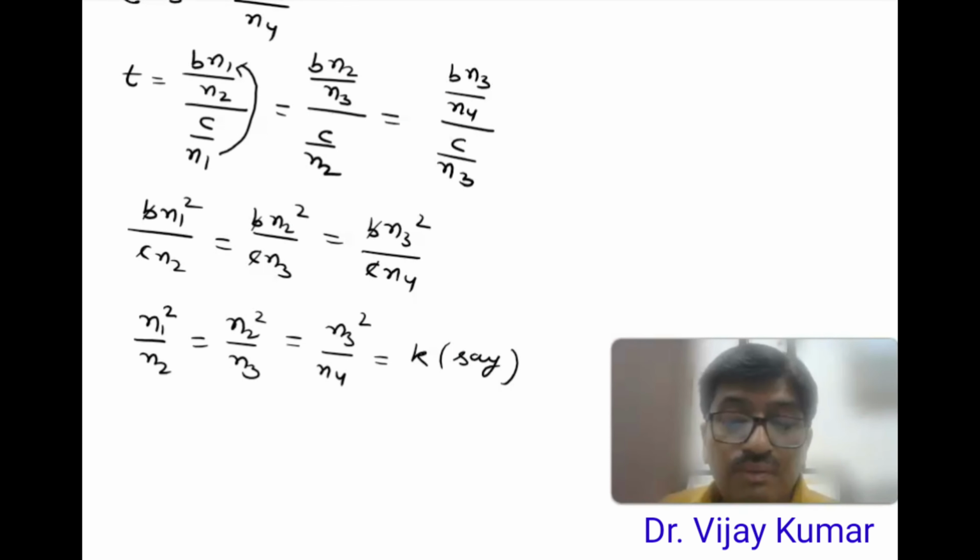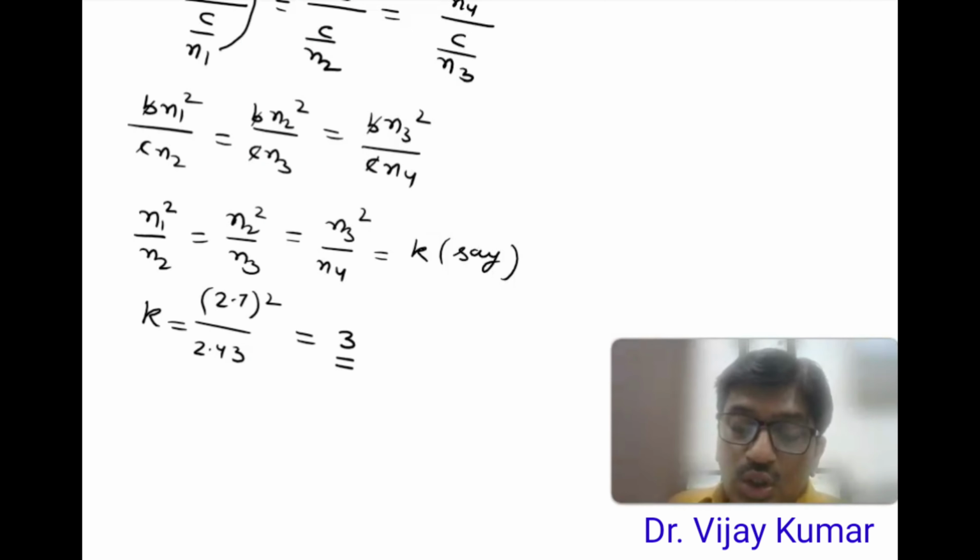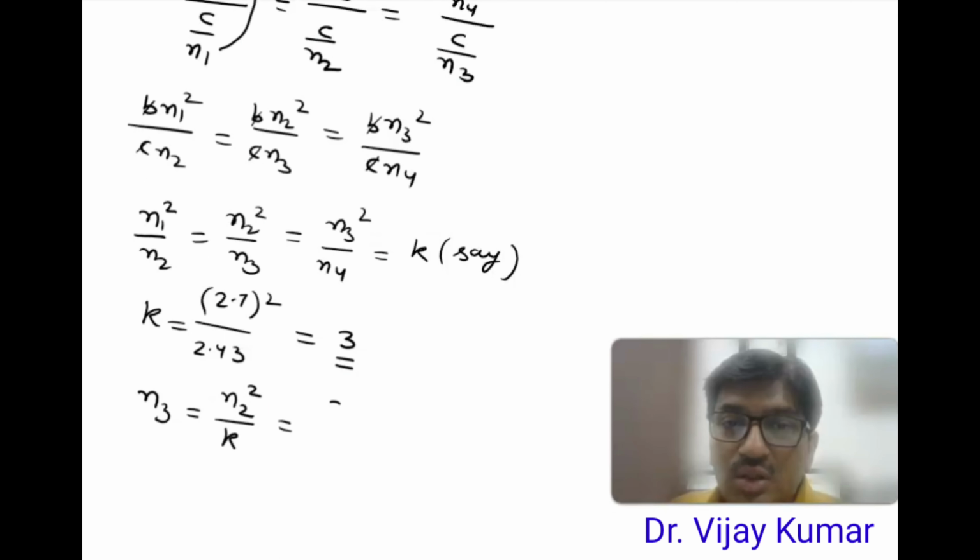If we solve, the value of K is N1 square, 2.7 square, upon 2.43. The values of N1 and N2 are given in the question, and it becomes about 3. Similarly, we can determine the value of N3 with the help of K. N3 equals N2 square upon K, which is 2.43 square upon 3, and it becomes 1.968.